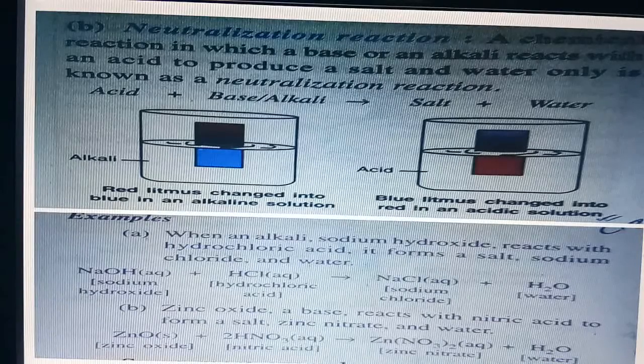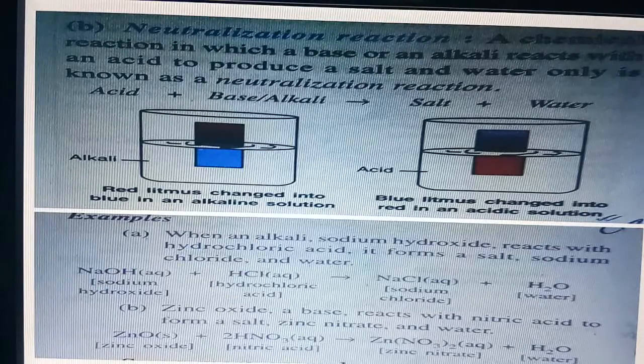So what is the specific property of an alkali? An alkali can turn red litmus to blue. And what is the specific property of an acid? Acids can turn blue litmus to red.